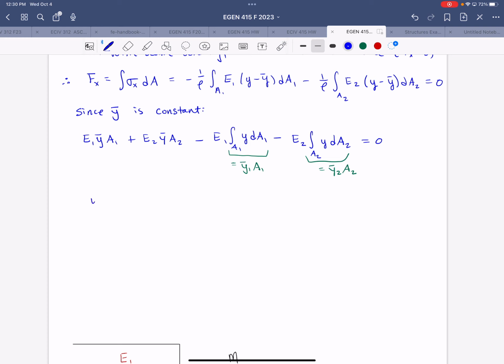So we can then solve for y bar, and we end up with a fraction where the numerator has capital E1 A1 y1 bar plus capital E2 A2 y2 bar, and in the denominator we have capital E1 A1 plus capital E2 A2.